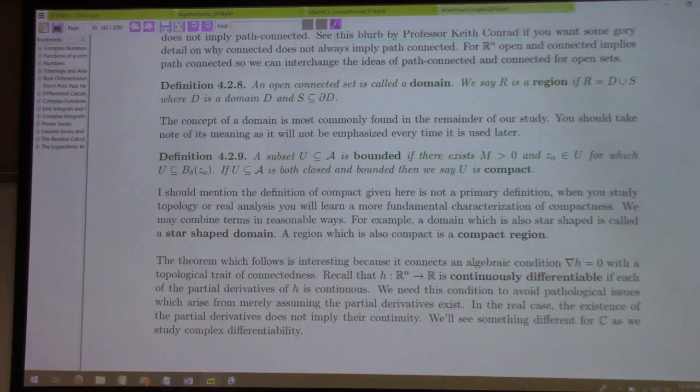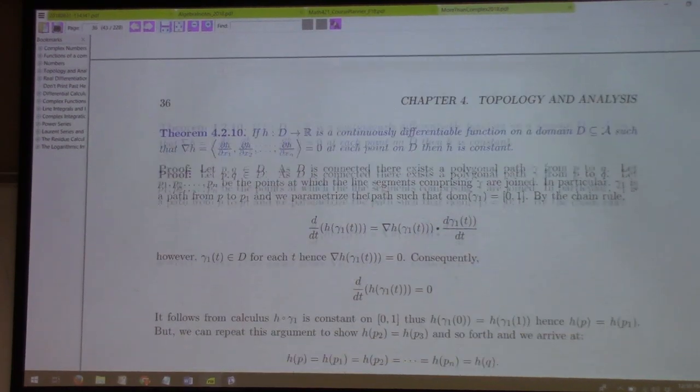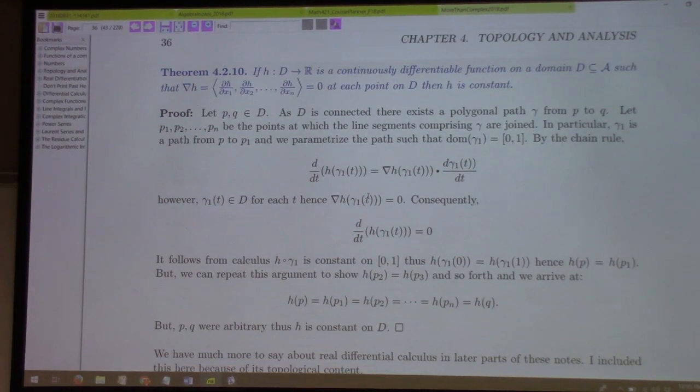All right, so these are some important topological terms. There's a theorem we can prove. If we have a continuously differentiable function h on a domain, which is an open connected set, and the gradient of that function is identically 0 at each point on D, then h is constant.